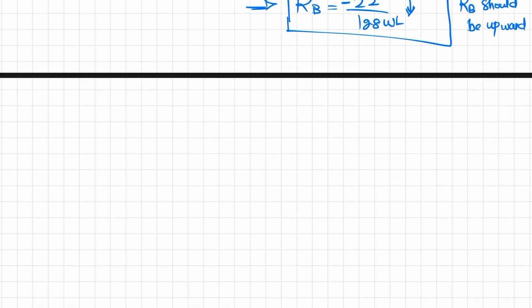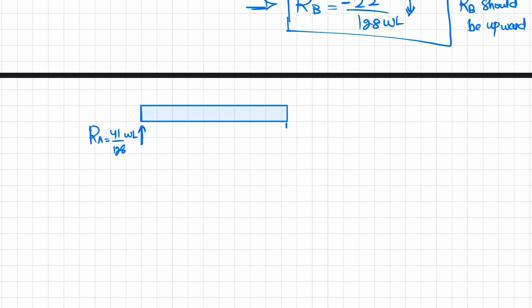So now if I represent the free body diagram of the beam like that, you can see there is point RA, and this RA is equal to 41 over 128 WL. Clear?